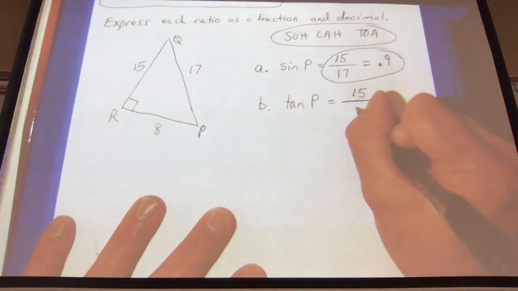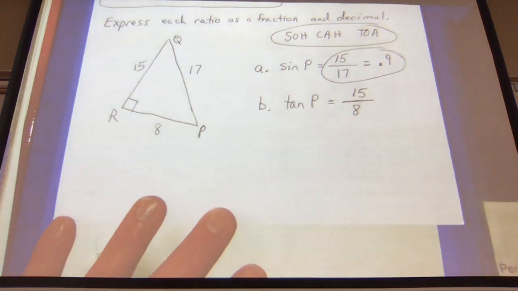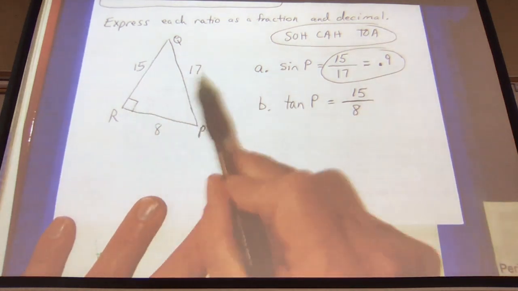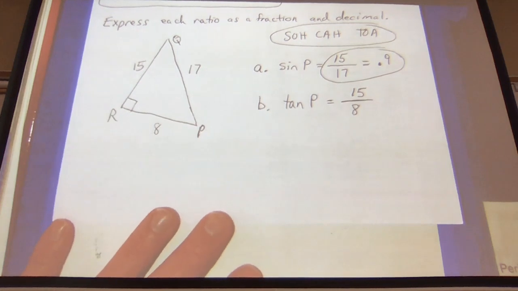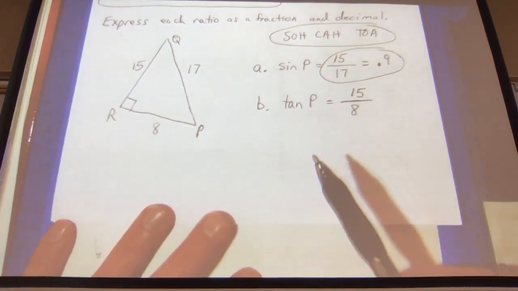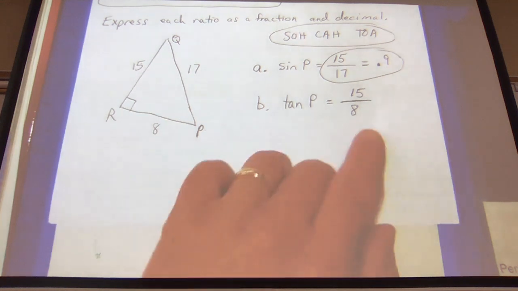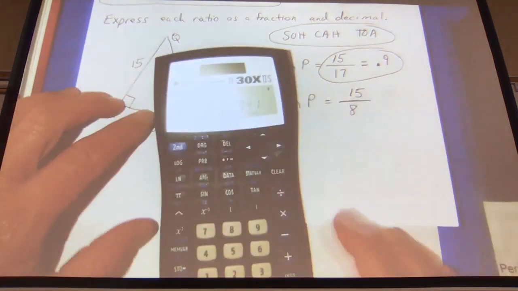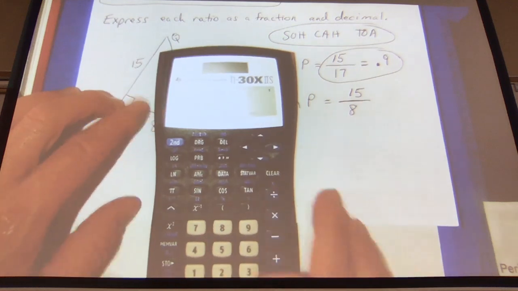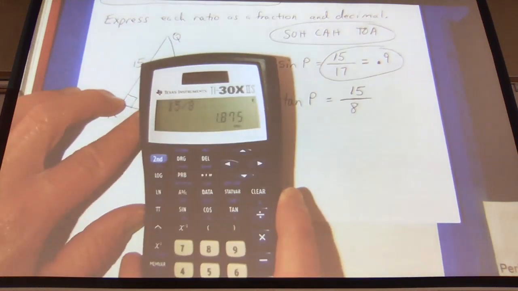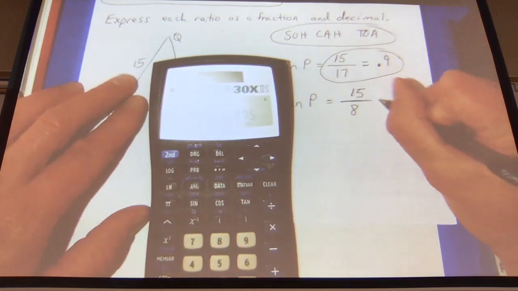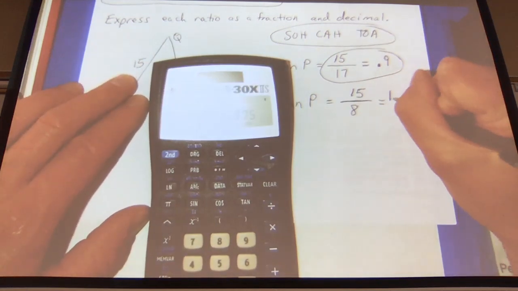The 8 is adjacent. Why isn't the 17? That's your hypotenuse. 17 is across from the right angle. So if you're stuck determining which one's the adjacent one, it's going to be the one that's not the hypotenuse. So there's your ratio as a fraction, and then if you take 15 divided by 8, that's 1.875. We'll round to the nearest tenth, which would be about 1.9.